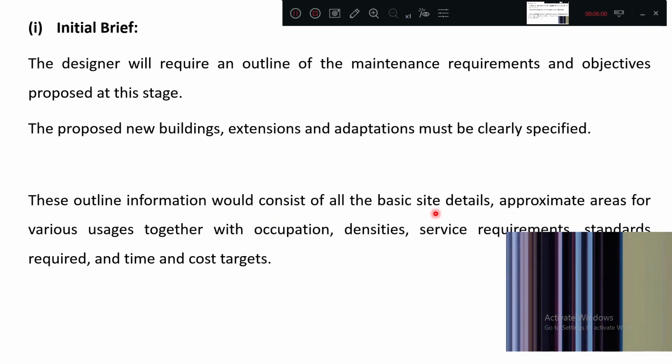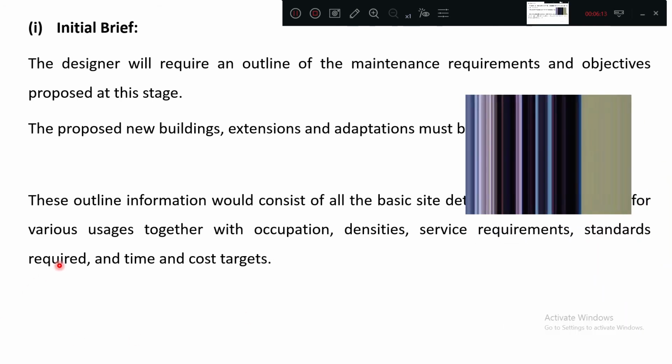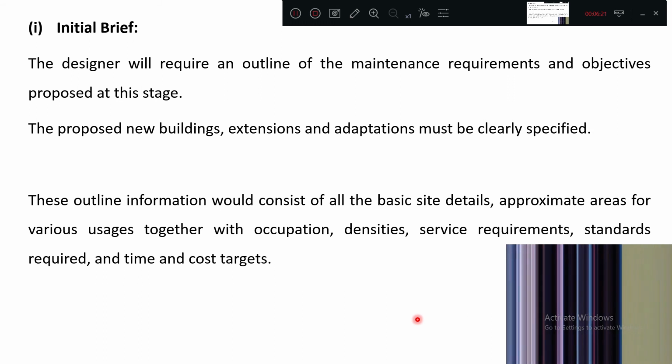He should collect the basic site details, approximate areas for various usage, for occupation how much, what is the density, what are the service requirements, what are the standards required, whether it is level A, level B, level C substandard, or level A, superior level. Then the time and cost target. Within 3 months we are going to do preventive maintenance.